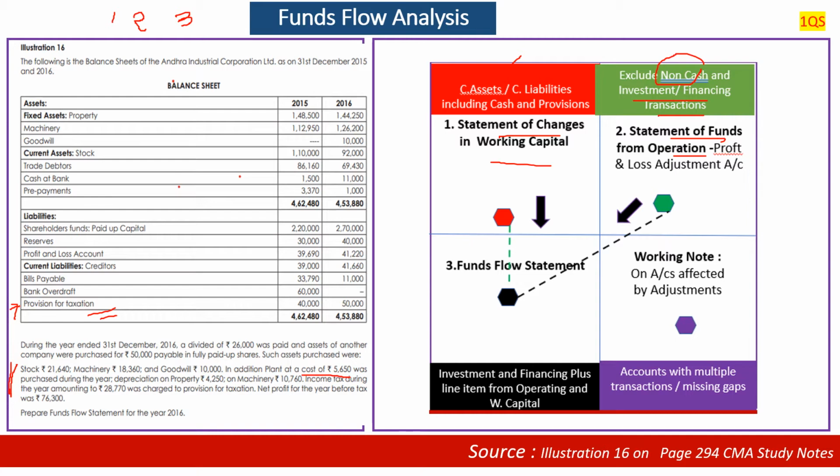These items will be considered in statement number 2, and funds flow will consider the end result of cash flow, that is working capital changes, profit and loss adjustment account, and then it will look into changes in the financing and investing items, and that will be the funds flow statement.